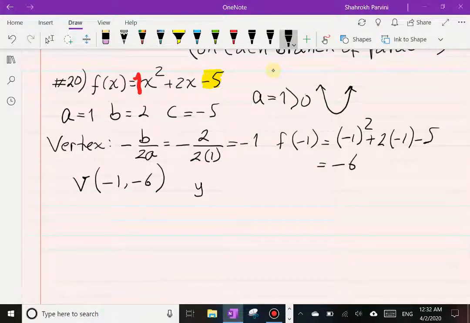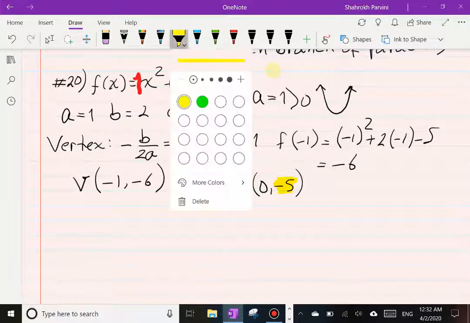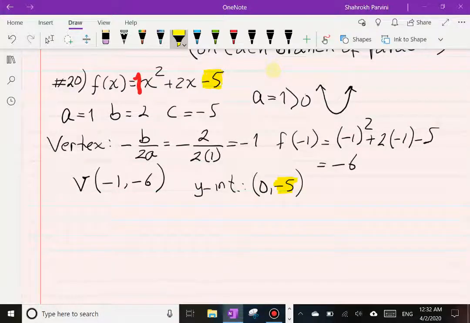So our y-intercept is going to be, when x is 0, y is negative 5. There you go. And just to show you that this is where it came from, directly from the function itself. Okay, so here's one point that we just found.